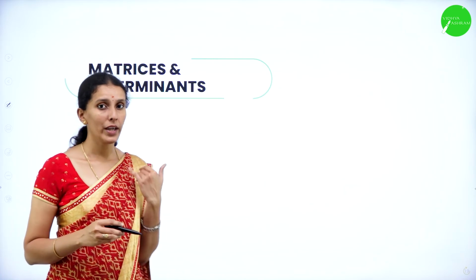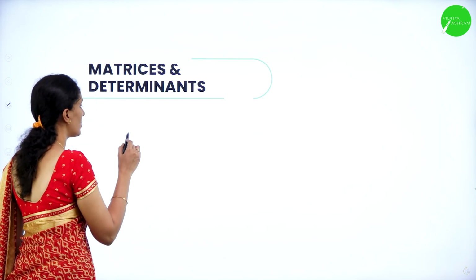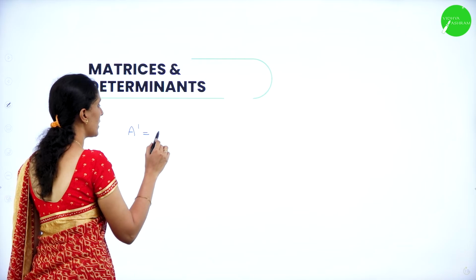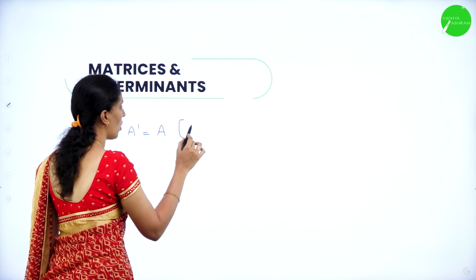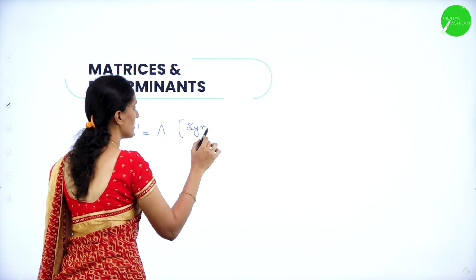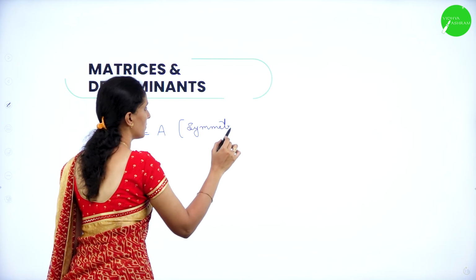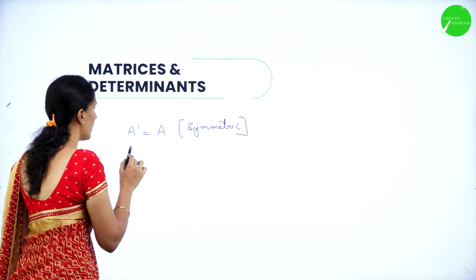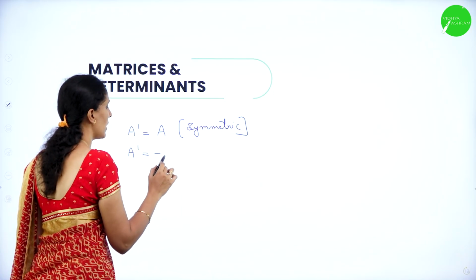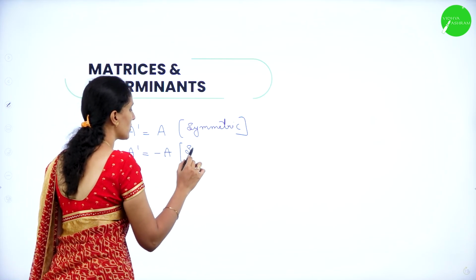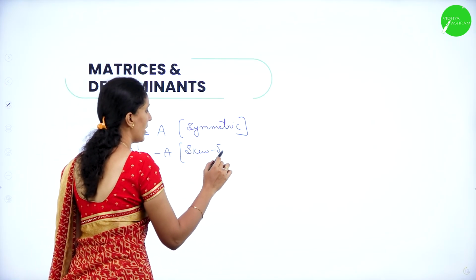Hence, if the transpose of a matrix is equal to itself, then we call it a symmetric matrix. And if the transpose of a matrix is equal to minus A, then it is called a skew symmetric matrix.